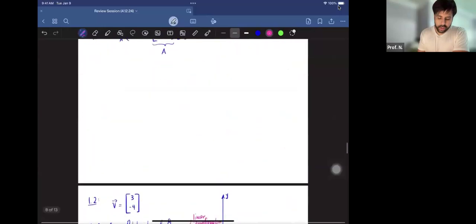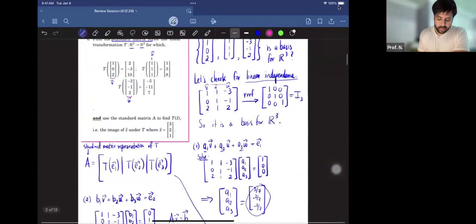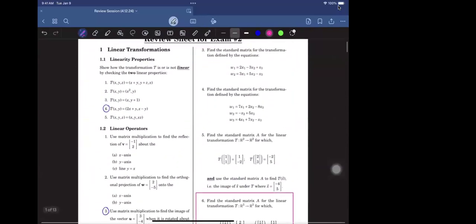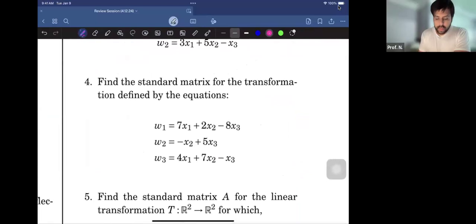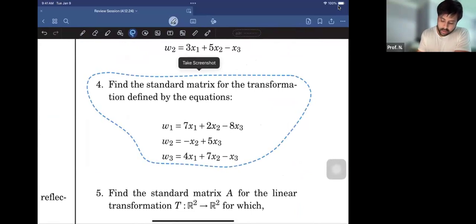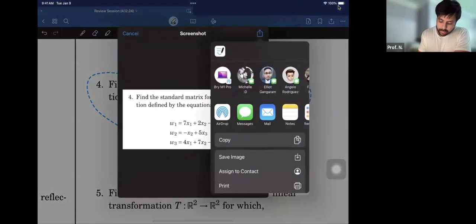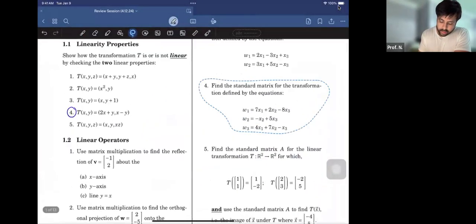So then Oren, you're saying 1.2 number 4, right? Correct. So this one here. It says find the standard matrix for the transformation defined by the equations. So let's take a look at this.